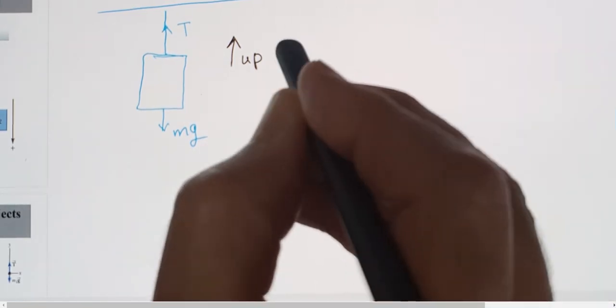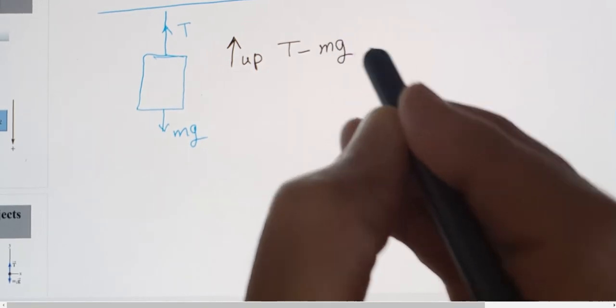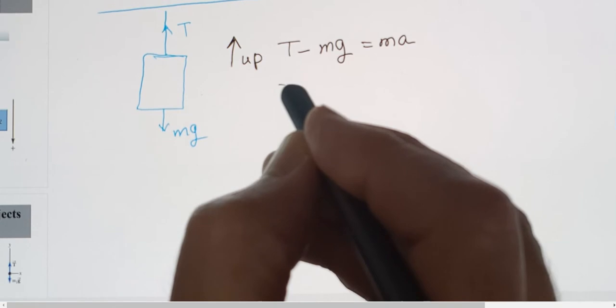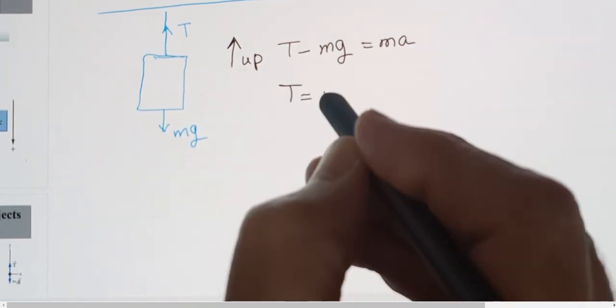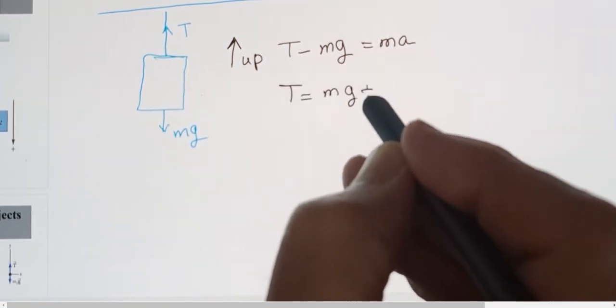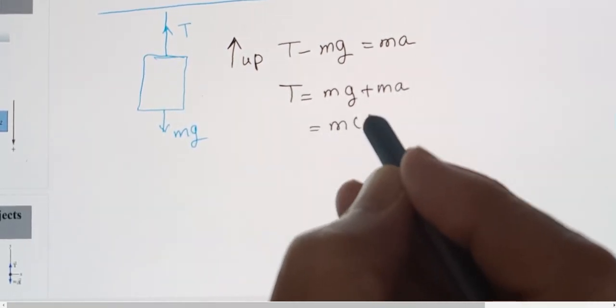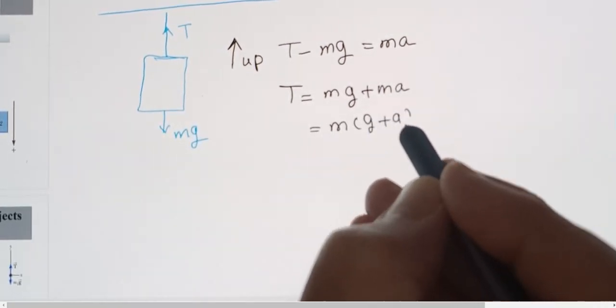Because it's larger, we write T minus mg is equal ma. So that means tension is equal mg plus ma, or m(g plus a).